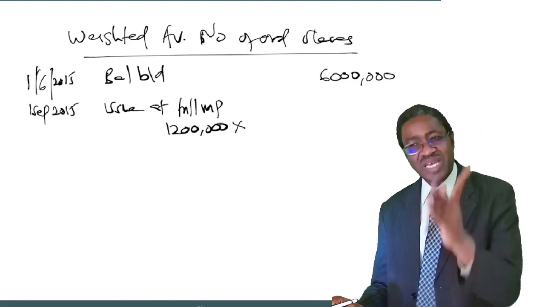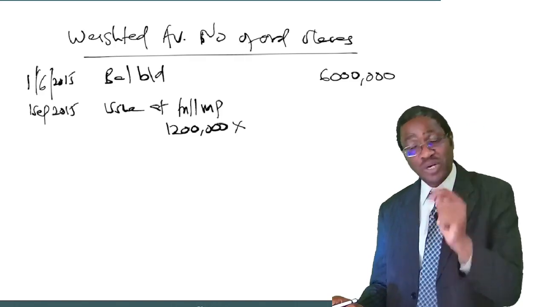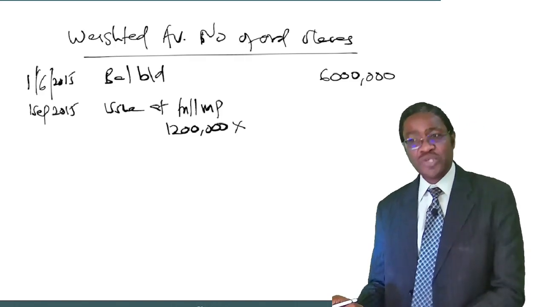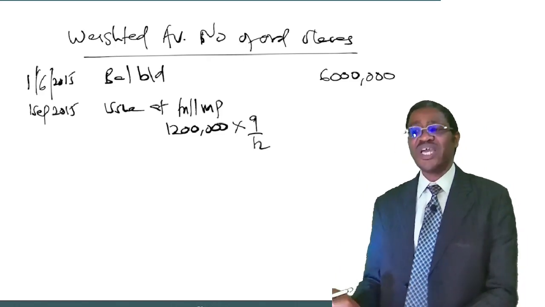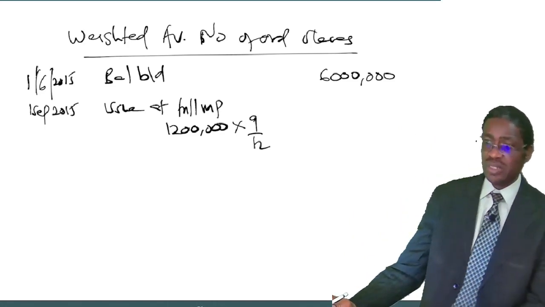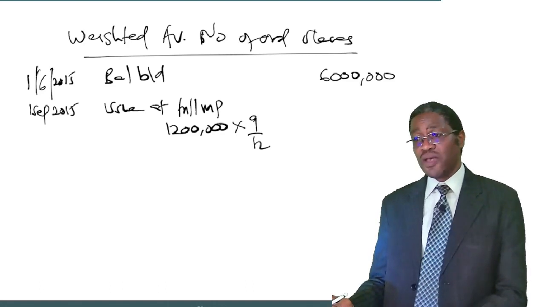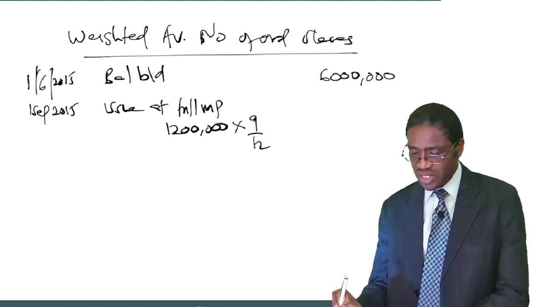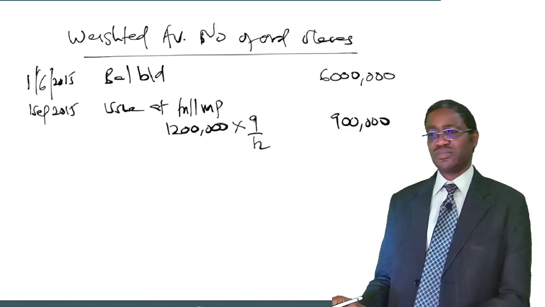So they brought in the money on 1st September. It is obvious their money financed me for only 9 months. So we take 9/12 of the 1.2. That means they must be weighted. Now somebody calculate. It's obvious 12 and 12 will go. That will leave me with 900,000. That's what you push to the extreme, 900,000.